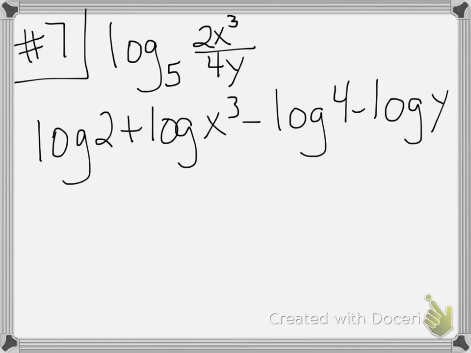Alright, number 7, we are expanding this problem. I've gone ahead and separated the easy part, because it's 2 times x to the 3rd divided by 4 divided by y. So the times became plus, divided by became minus, divided by became minus. So I just split them up that way.